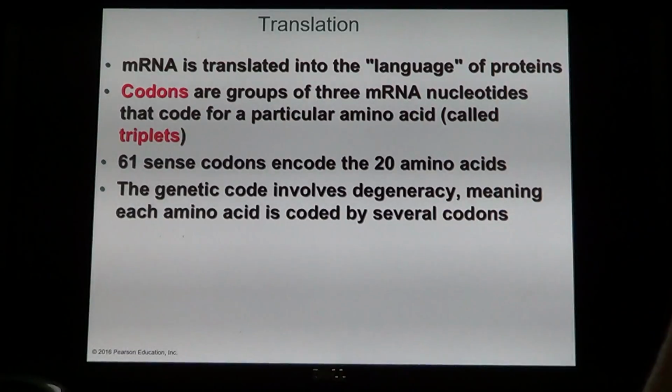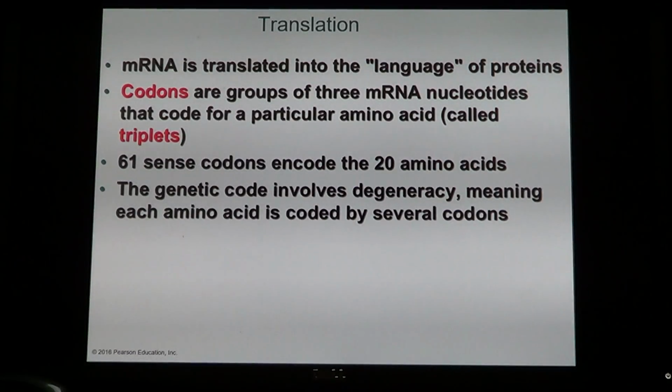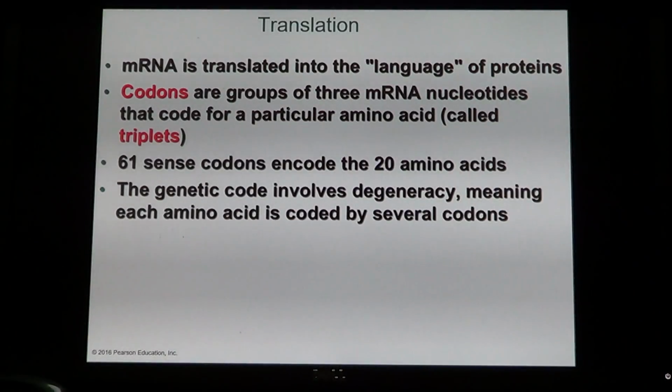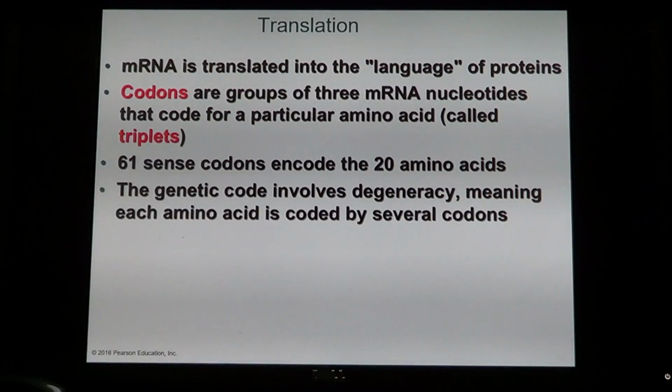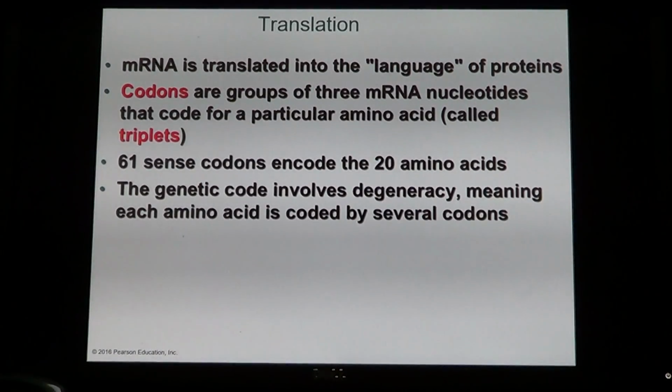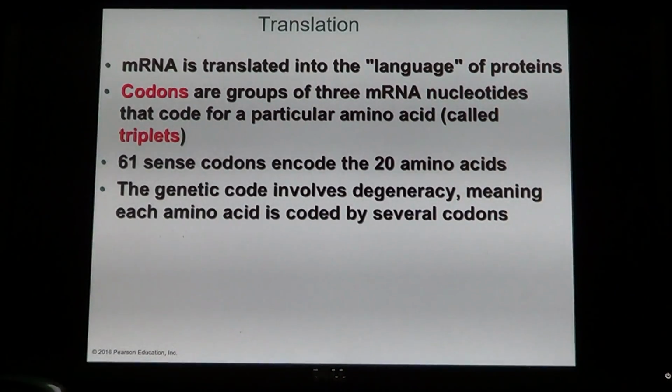Codons, we already said that codons are groups of three nucleotides, triplets, in messenger RNA that are complementary, read from the DNA based on nucleotide base pairing, and encode for one amino acid.